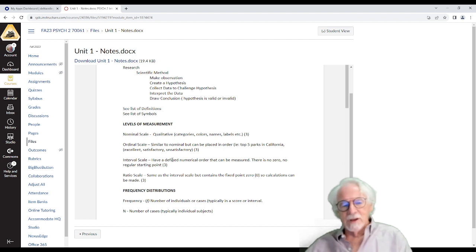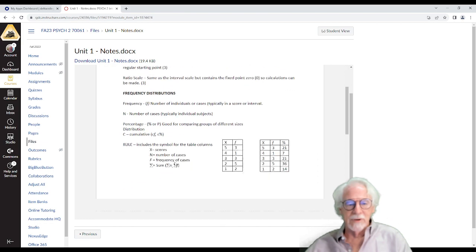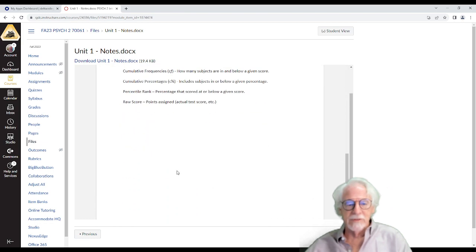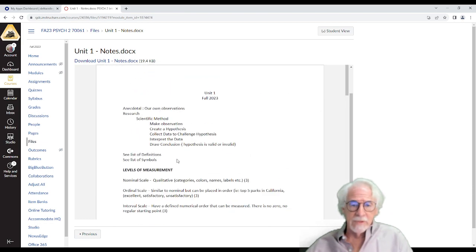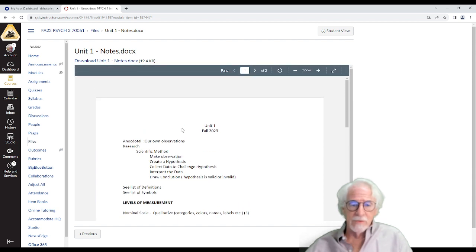Then we're just going to talk about levels of measurement. I'll explain all this, and we're going to learn about frequency distributions. And that's basically Unit 1 to get us started. That's why I said we only do this for 1 week because it's very short and very simple, right?